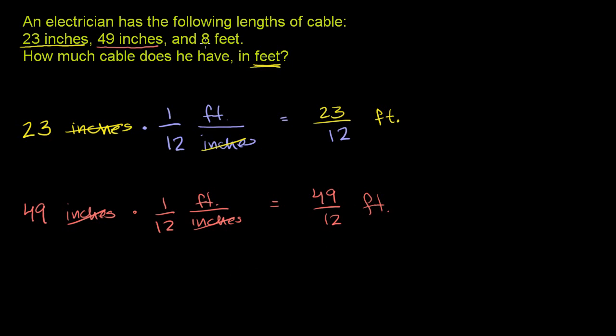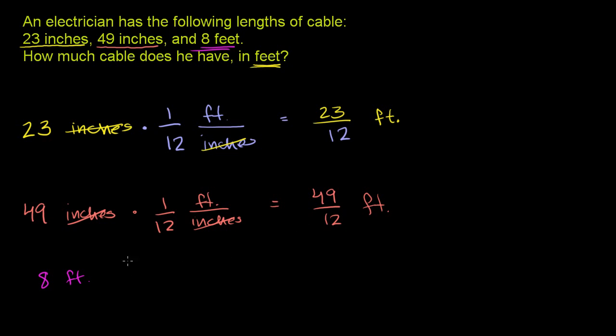And then we have this last cable right here, this 8-foot cable. If we want, we can convert that into an improper fraction. At this point, there are 2 ways we could do it. Everything is in feet, and here we have improper fractions. We could convert these into mixed numbers and then add them up. Or we convert this into an improper fraction that has the same denominator and then add them up.